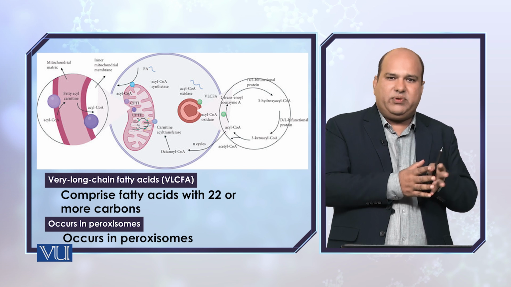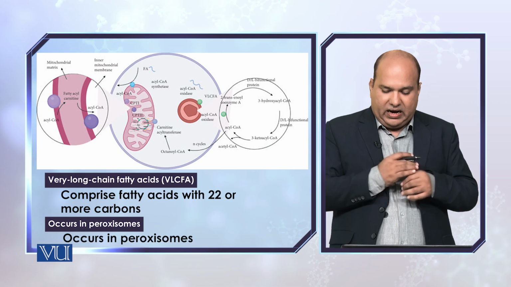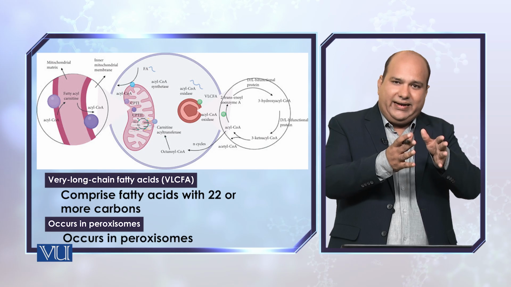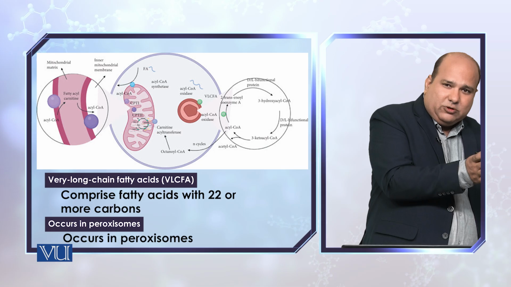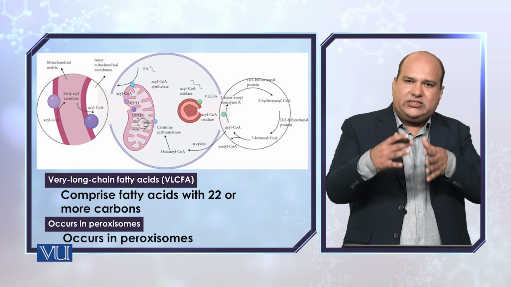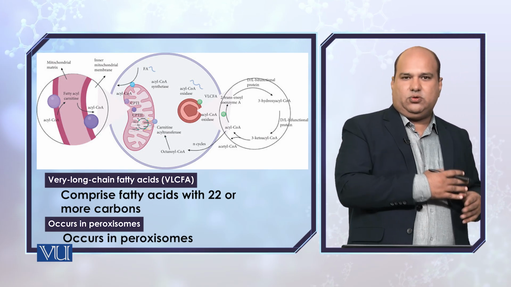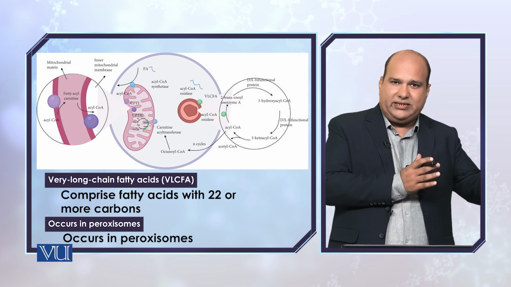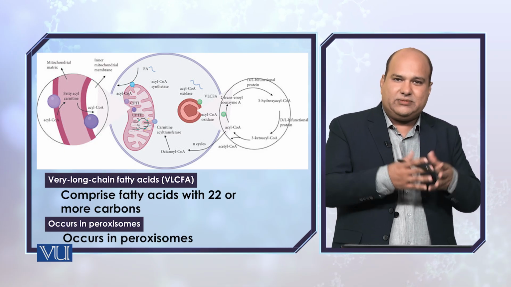So they have to be moved to the peroxisomes, and in the peroxisome they are acted upon by enzymes which divide these long chain fatty acids into relatively shorter chain molecules, at least in the range which can be acted upon by the enzymes of the mitochondria. These relatively shorter chain fatty acids then move towards the mitochondria.